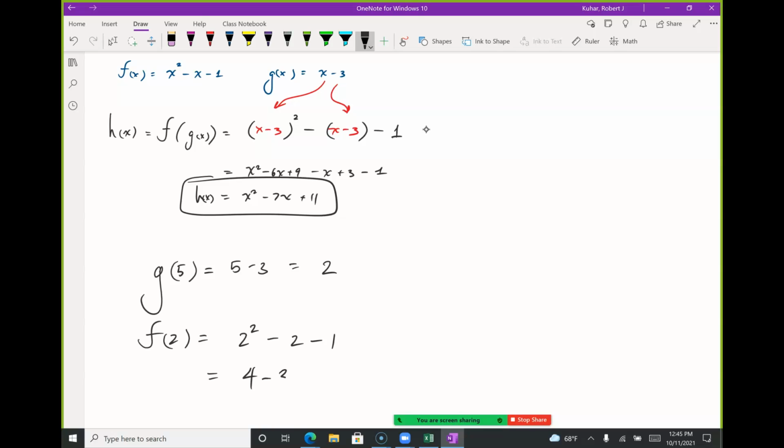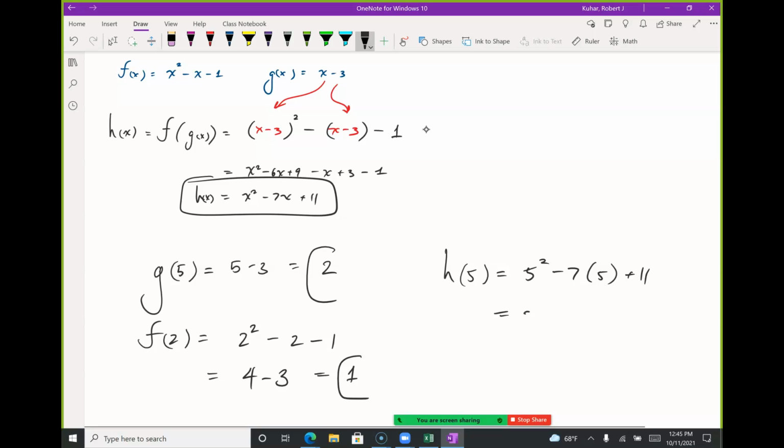So 4 minus 3 is 1. So inside of my composition now, I'm going to put in a 5, and I should get out a 1. So let's find that h of 5. I get 5 squared minus 7 times 5 plus 11. I get 25 minus 35 plus 11. Negative 10 plus 11, I get out a 1. Check.